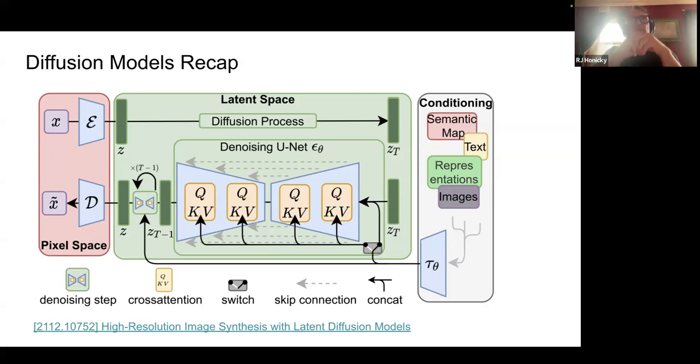But suffice it to say, these mechanisms are compatible with the existing technologies for these things. So you can just view it as a drop-in replacement for the denoising part. And we'll keep this diagram in mind.